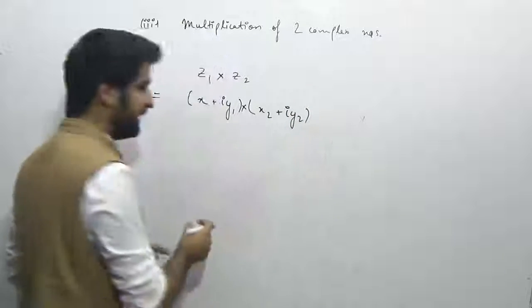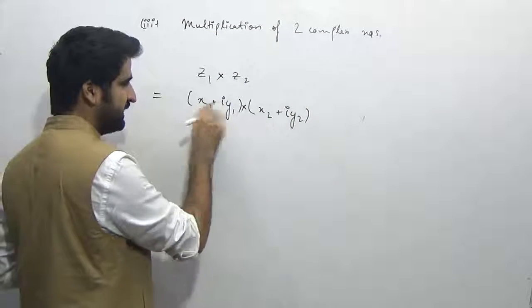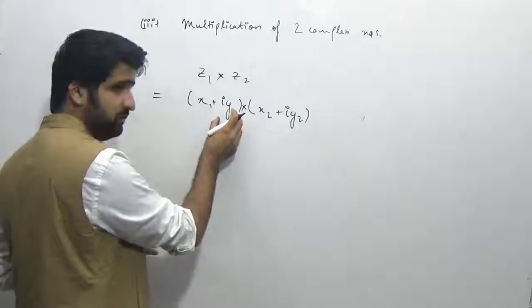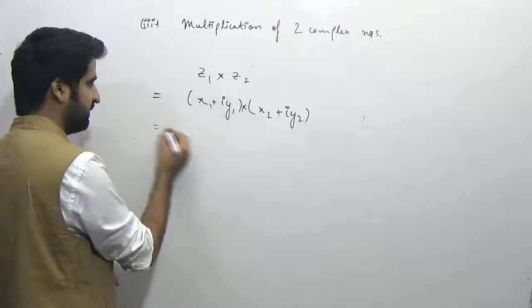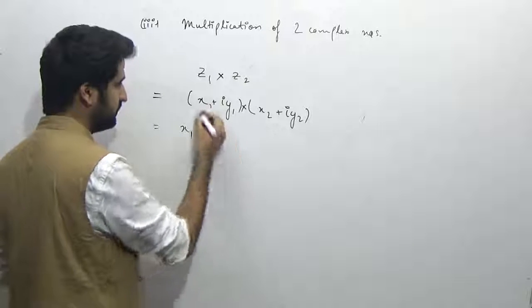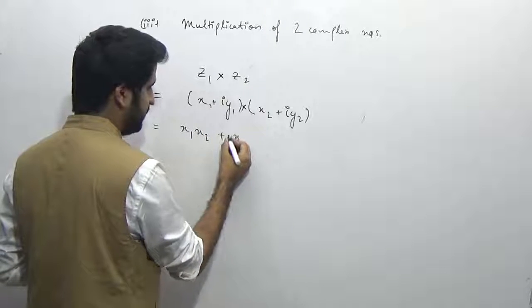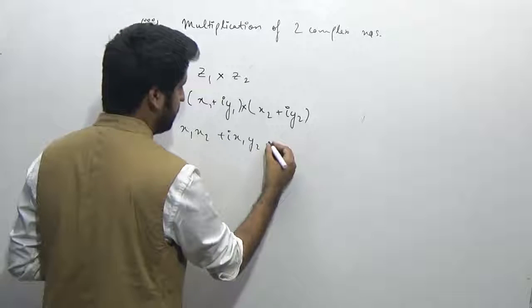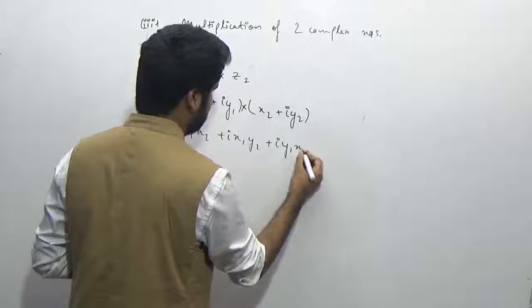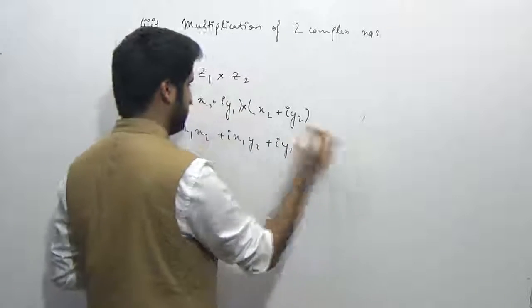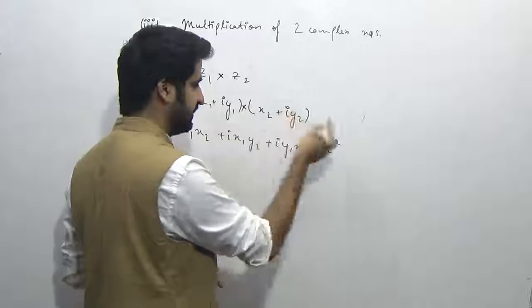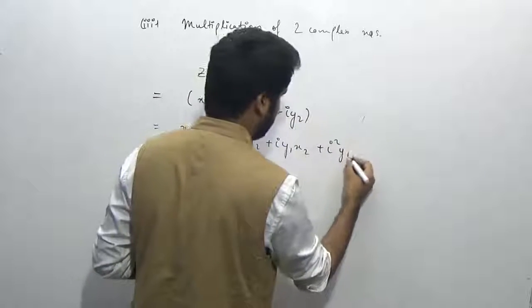So what will we get? We multiply x1 with both terms and y1 with both terms. So I get x1 x2 plus iota x1 y2 plus iota y1 x2 plus iota square, because there are two iotas in this multiplication, iota square into y1 y2.